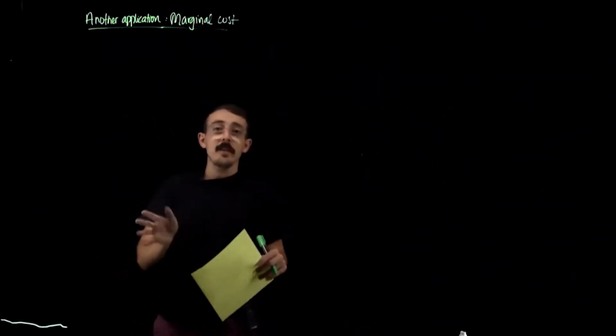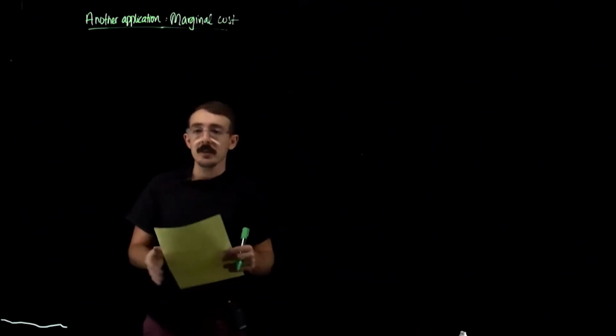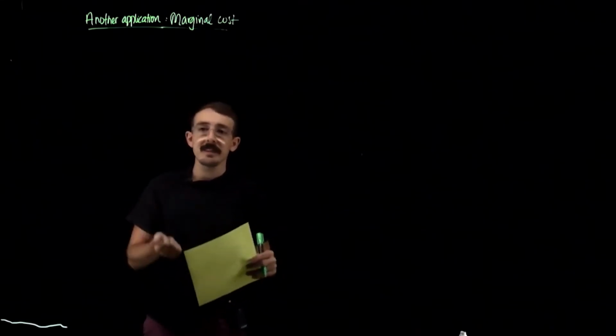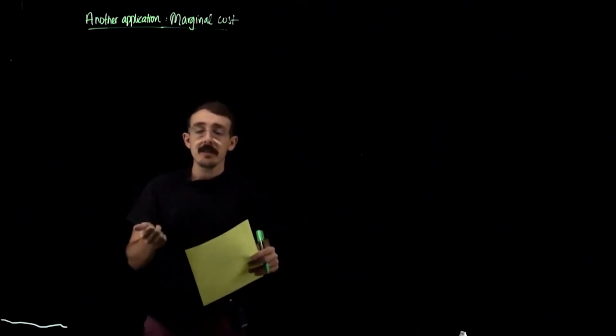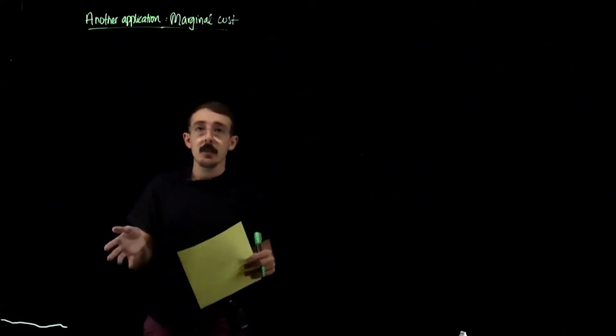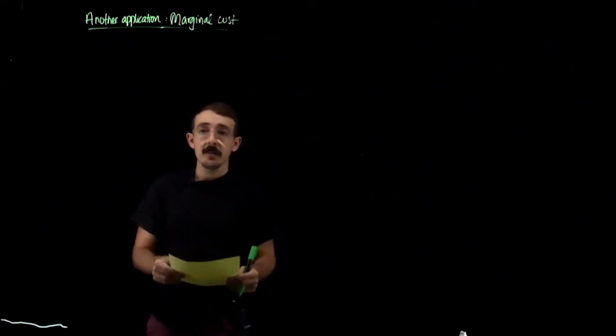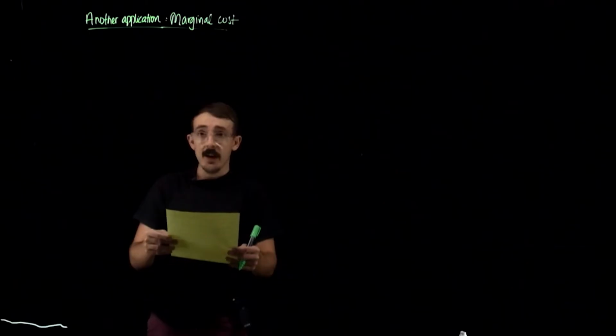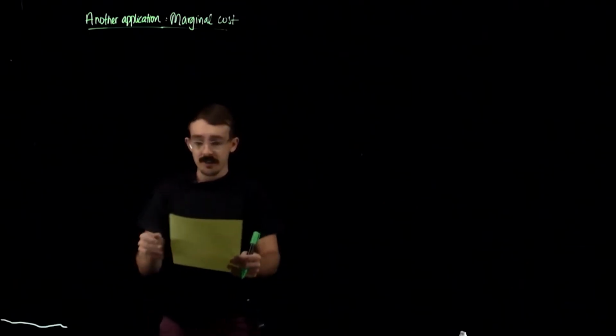OK, so that was one application of using the derivative, to find things like the speed and velocity of an object, or to find how far something has traveled. But now we're going to look into marginal cost.